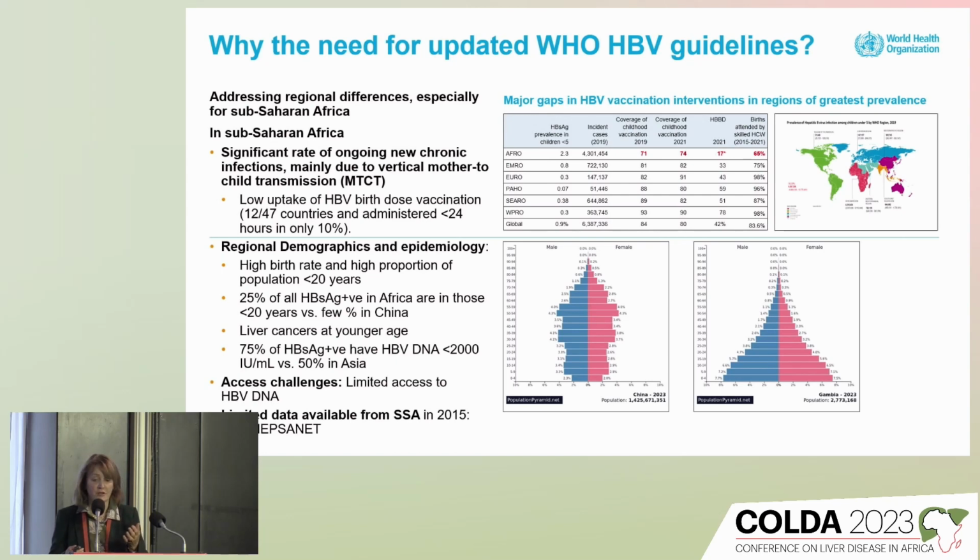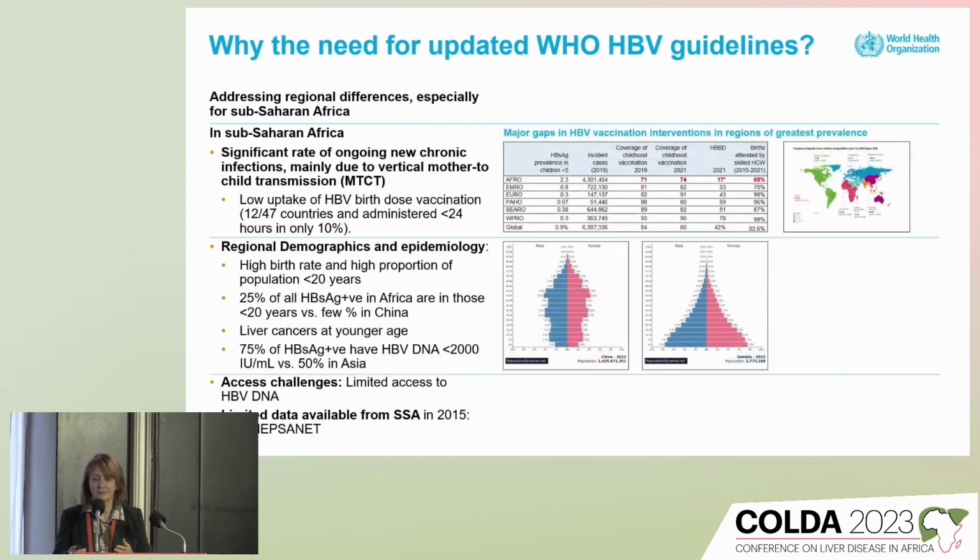And the other observation that in the Africa context, 75% of Hep B surface antigen positives have a Hep B DNA less than 2,000. That's around about 50% in Asia. So there's important differences. We have heard already about the access challenge to Hep B DNA, and there was limited data in 2015, but I think the emergence of HepSANET and some really excellent cohorts in sub-Saharan Africa is changing that, and we need to build on that and optimize it.